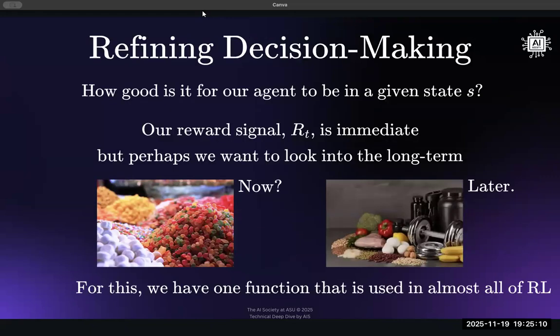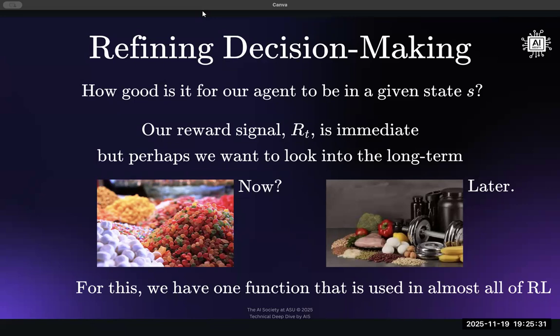So refining decision making, how good is our agent? For example, our reward signal right now might be looking really nice, but long term, it might actually hurt us, right?